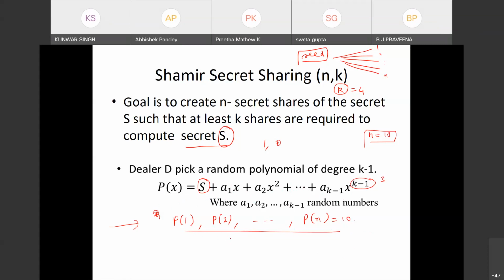Now, if I get 4 shares, let's say P2, P4, maybe P5, and P10, maybe from 10 places I got the shares. From P2 I know one equation, from P4 another equation, from P5 another.